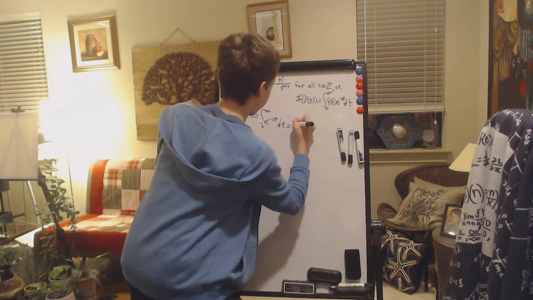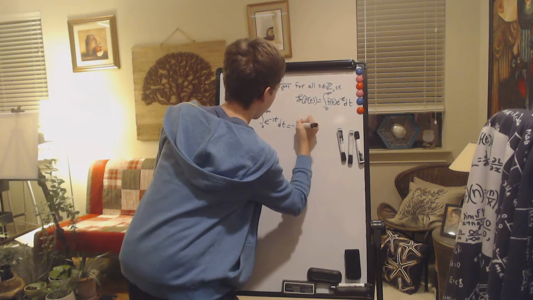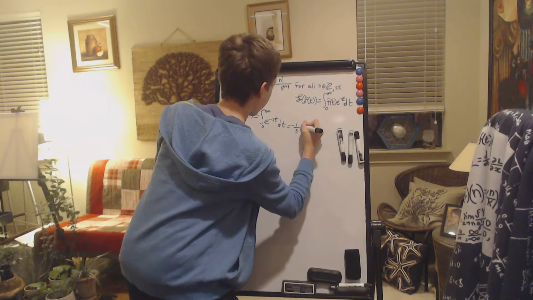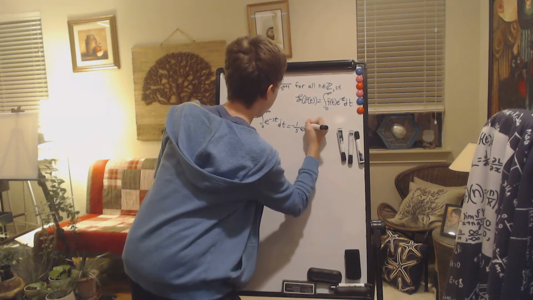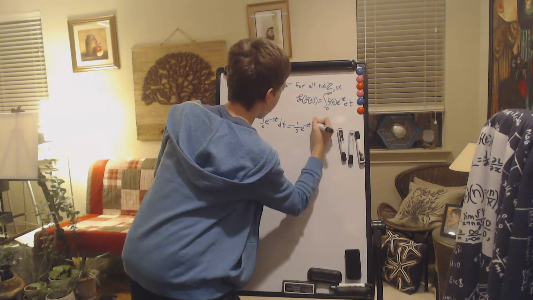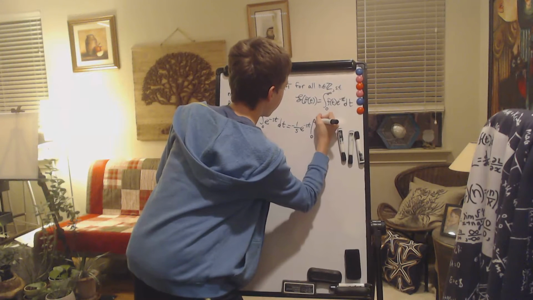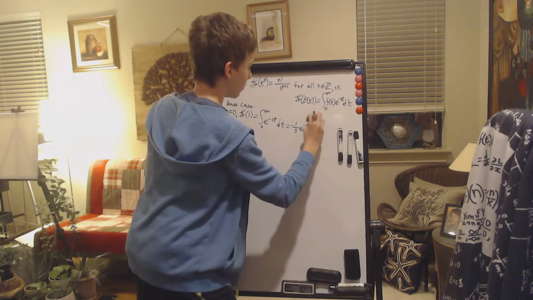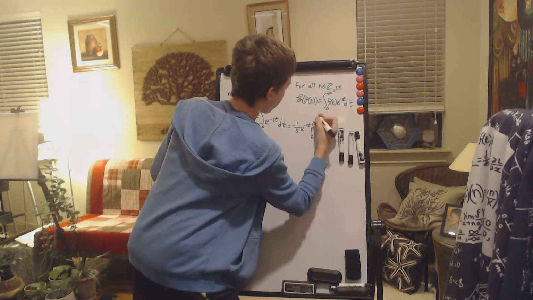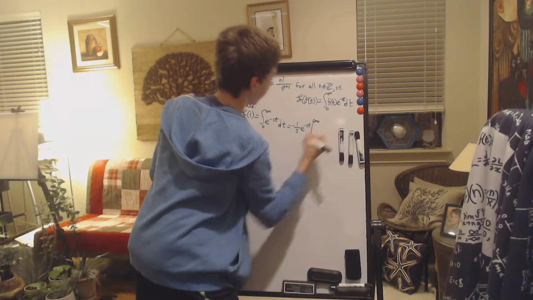This is some basic integration. It's nothing but minus 1 over s e to the minus st evaluated from t equals 0 to t approaches infinity, technically, right?